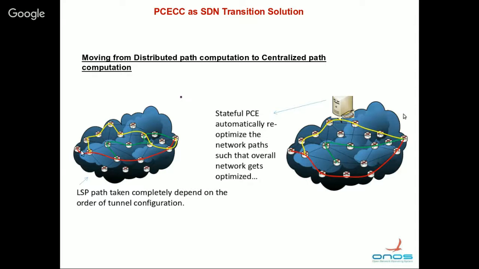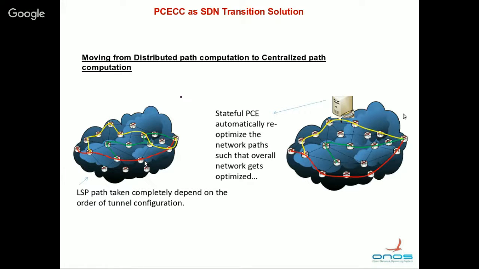So what I mean over here is, when I configure the first tunnel, maybe if you take bandwidth as a constraint, maybe the first 2-3 tunnels may be successful. Maybe the 4th tunnel fails because it couldn't find the respective bandwidth between those two endpoints. But if there is a central entity which knows about all the tunnels, it can also do a kind of optimization.